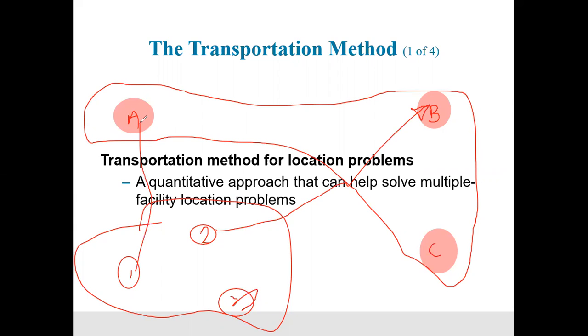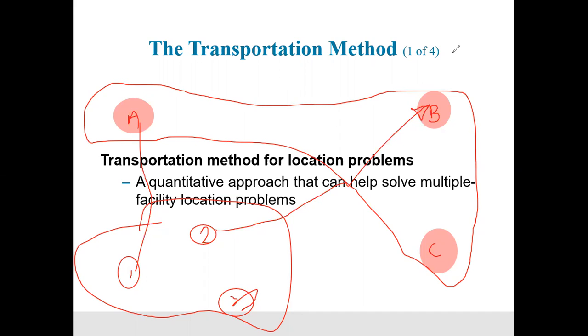Okay, so each transportation style problem will always have your supply side sources and your demand side destinations. Okay, now we also have to have information associated with how much it costs for us to move product from those supply side locations to the different demand side locations.